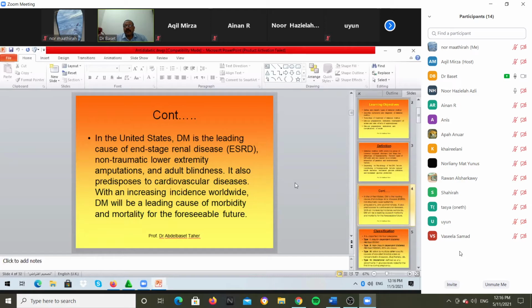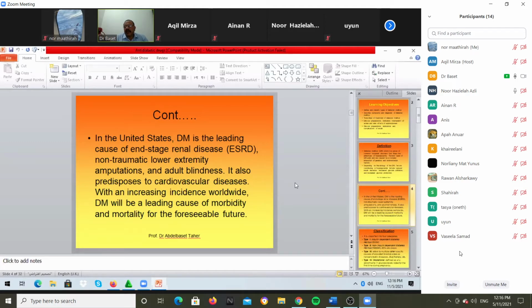Also in the United States, a big percent of surgery, including non-traumatic amputations of lower extremities, not related to accidents, is due to diabetes.